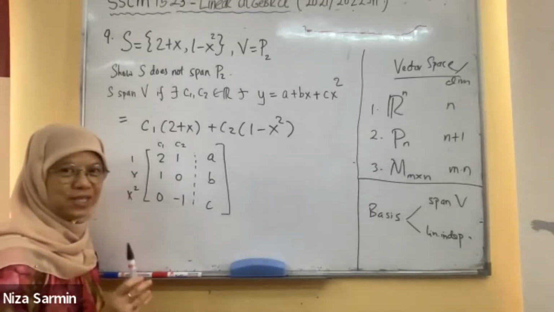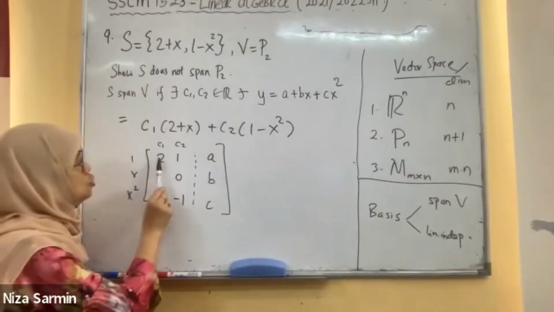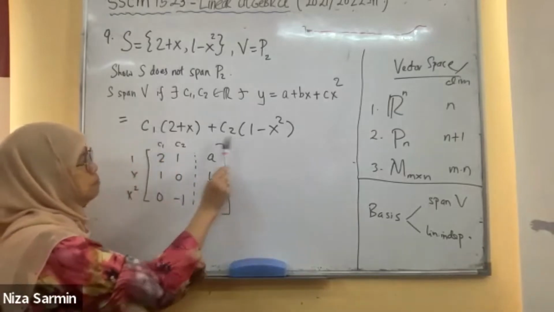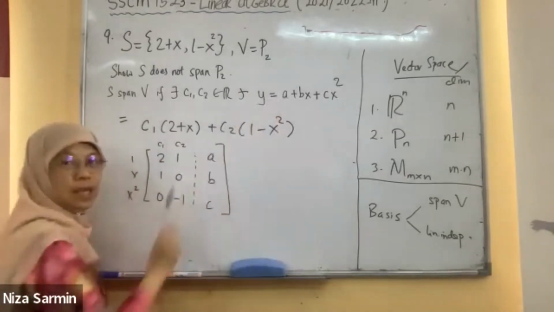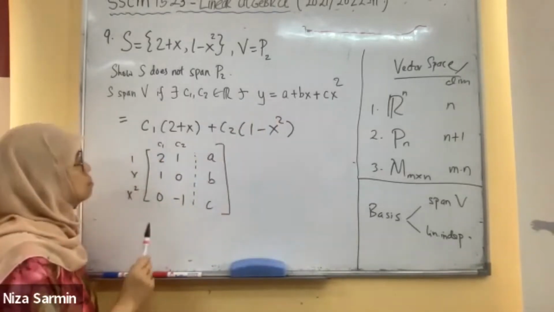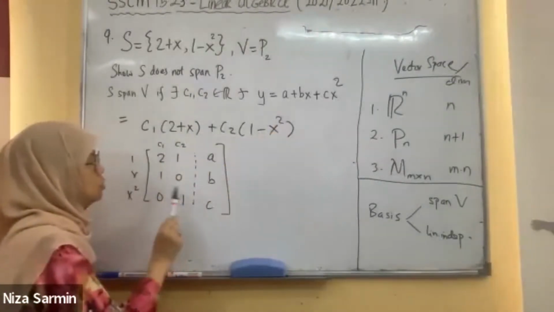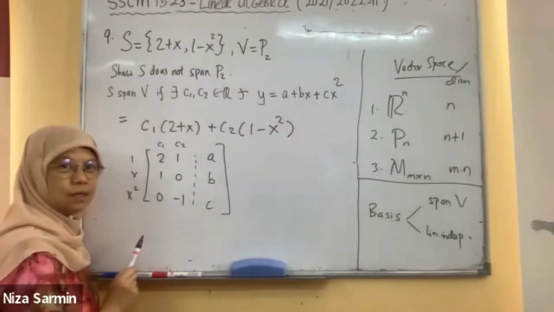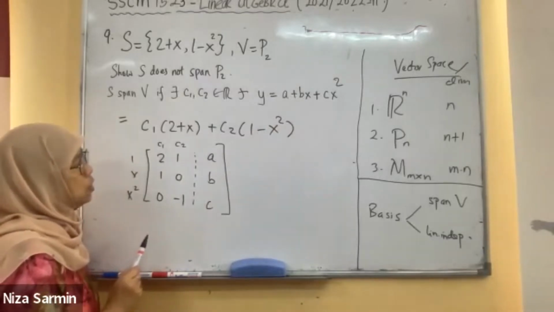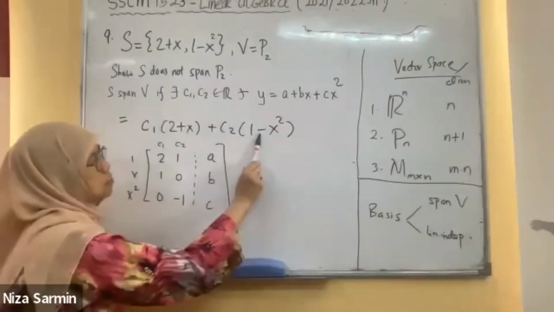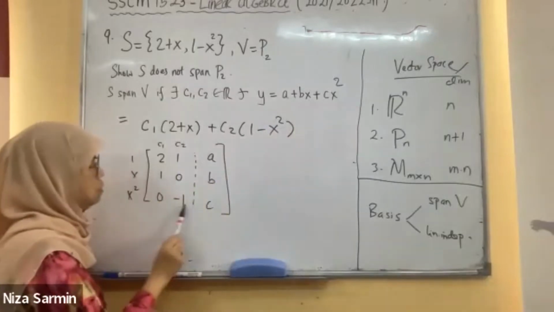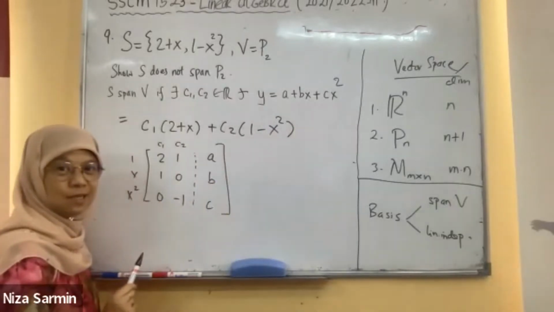And like I read just now, 2C1 plus C2 is A. X: C1 equals B. And x squared: negative C2 equals C. All right?